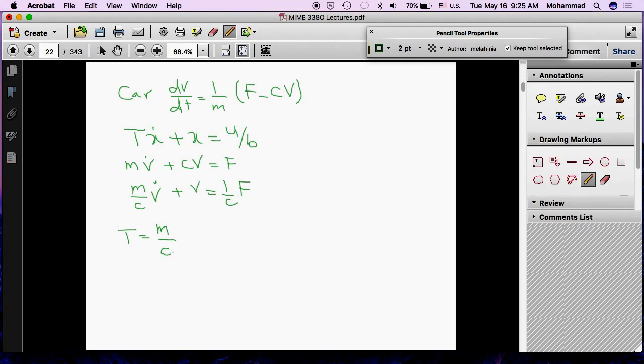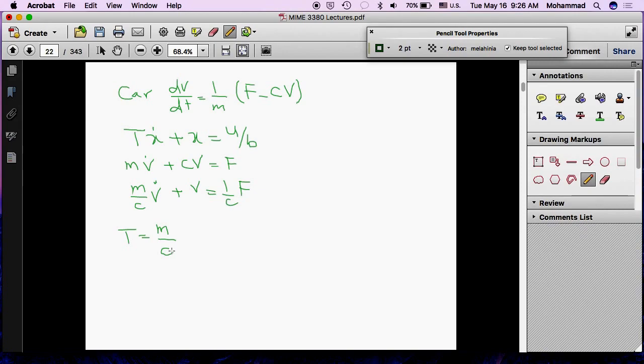So if you want to make a fast car, what can you do? Reduce the mass. That makes sense, right? Reduce the mass or? But what does this tell you?